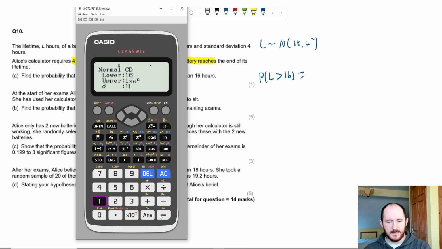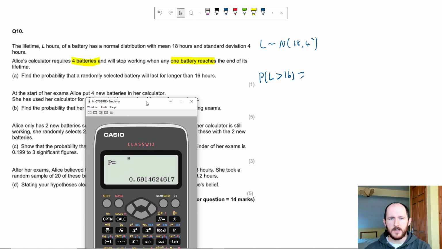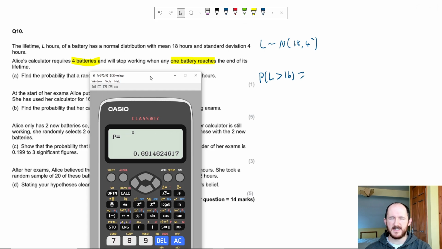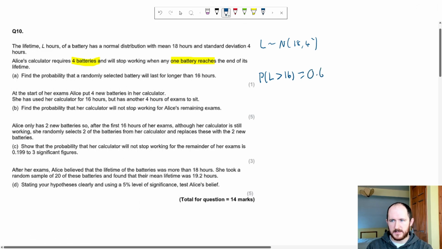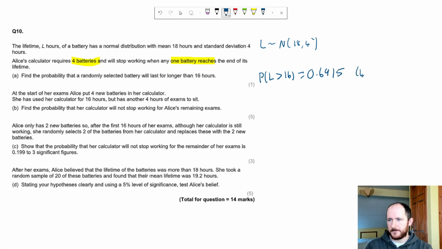Sigma is 4, mu is 18. And we get 0.6915. I normally give it to 4 or 5 decimal places. It doesn't really matter though, so I'll just give it to 4 decimal places. 0.6915 to 4 dp.